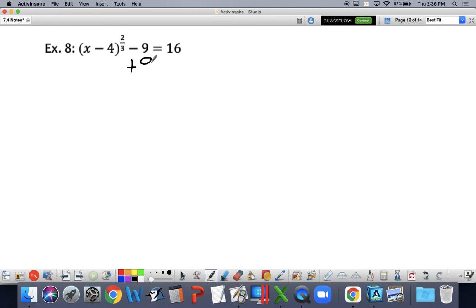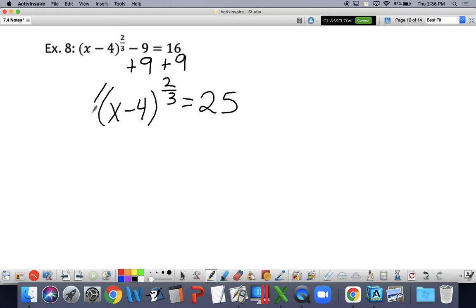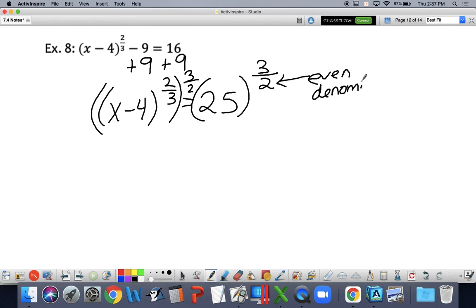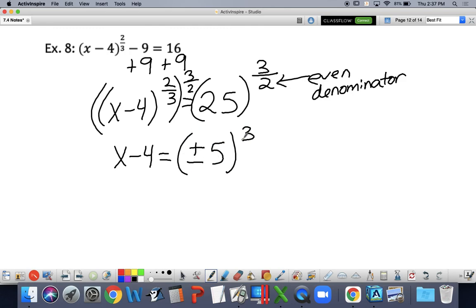So I add my 9 to both sides. I get the quantity x minus 4 to the 2/3 equals 25. I raise it to the reciprocal. And because that power that I'm raising it to has an even denominator, that's when I get x minus 4 equals positive or negative 5 cubed, right?